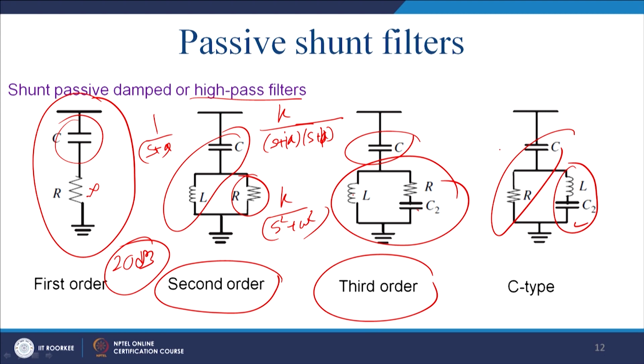So, it is a combination of this high pass and a particularly tuned filter. This type of filter is said to be the C type filter. You want to eliminate the switching frequency, and for that you use this filter. Apart from that, you want to eliminate the fifth harmonic. Due to that, this combination of L and C is said to be the C type filter.